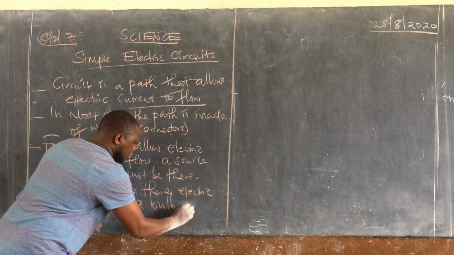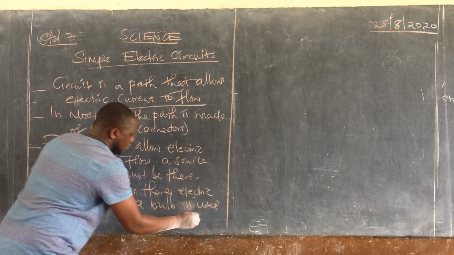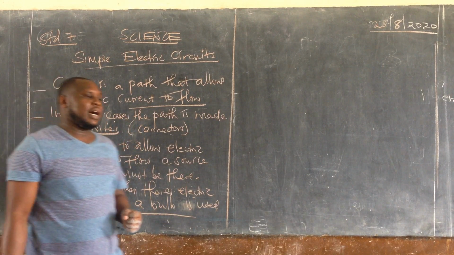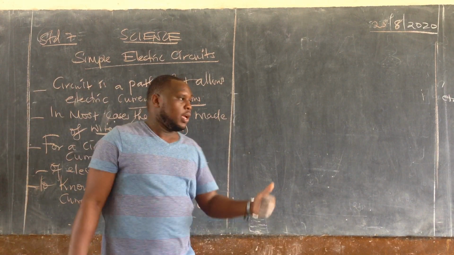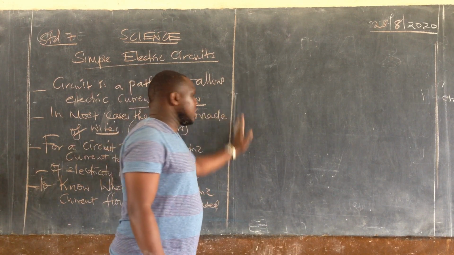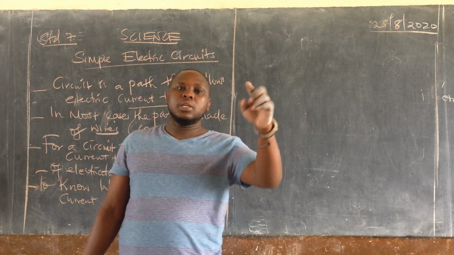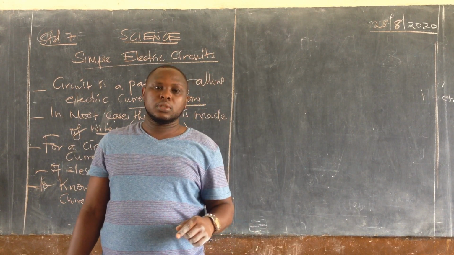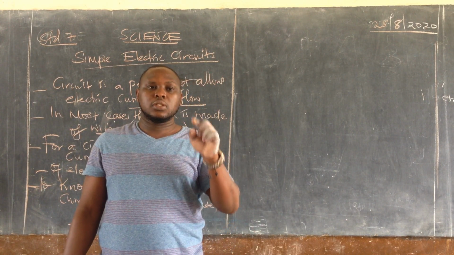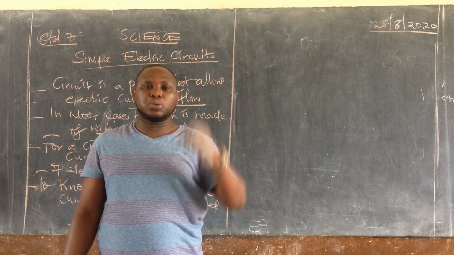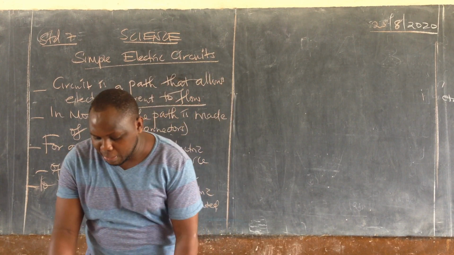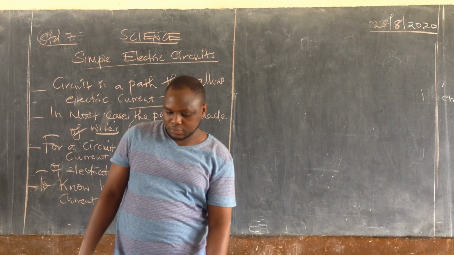A bulb is used to show whether electricity is flowing. So if you see the bulb lighting, you know exactly there is movement of electricity from the source through the connectors to where the bulb is and up to the filament, which is going to burn and light.